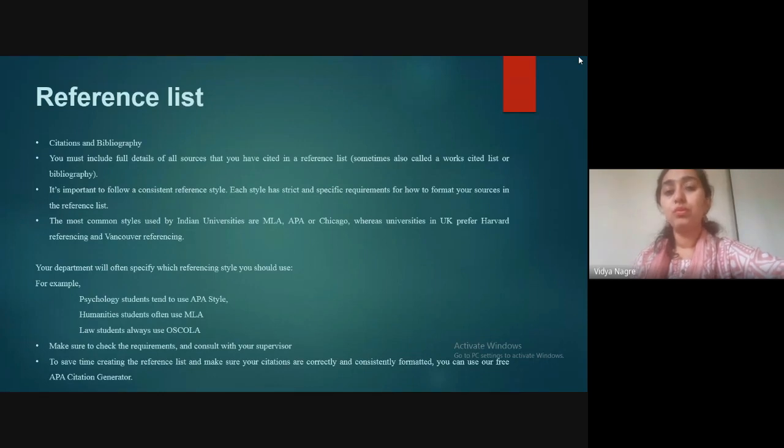There are handbooks and style sheet guides, and you have to study those thoroughly. It is actually covered, especially during coursework, and you have to give references only with that. This gives clarity on where you have taken a concept from, how to write footnotes, references, citations, bibliography, and so on. Next slide, please.